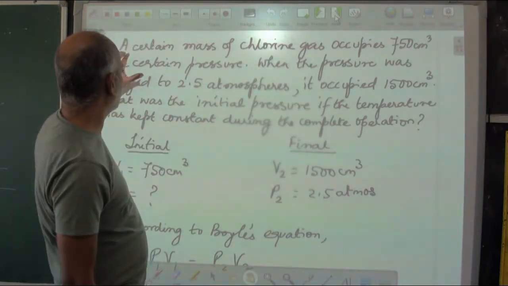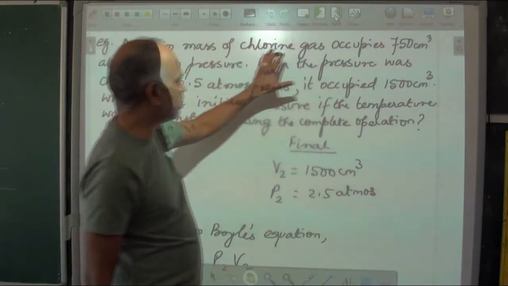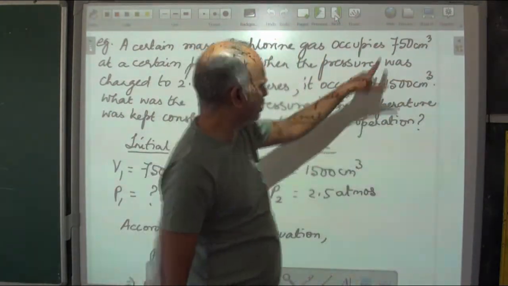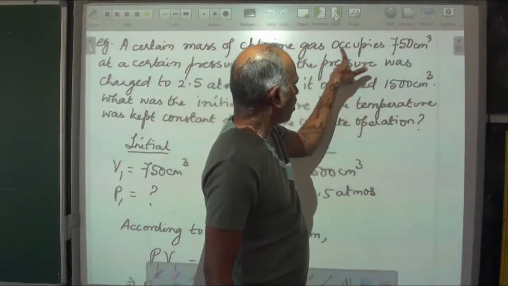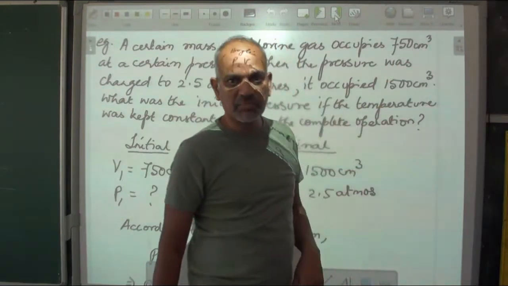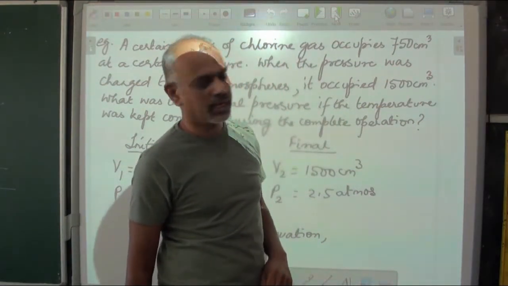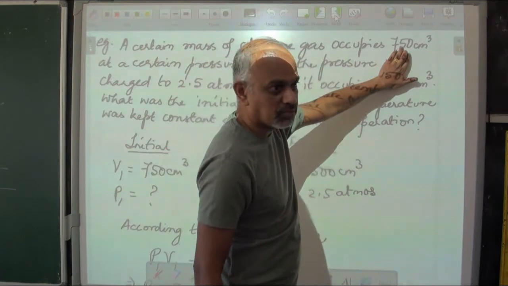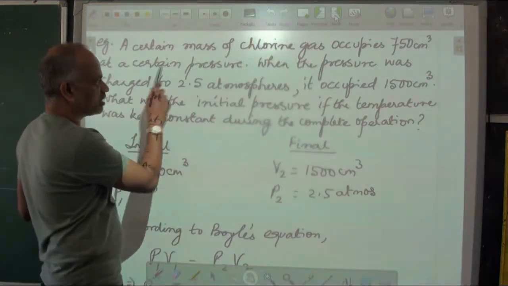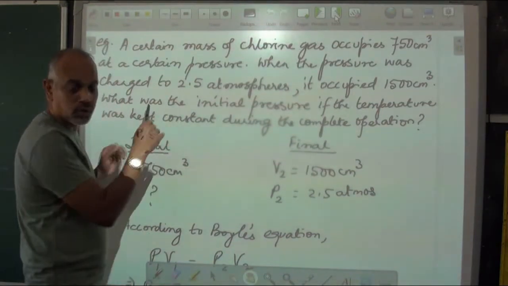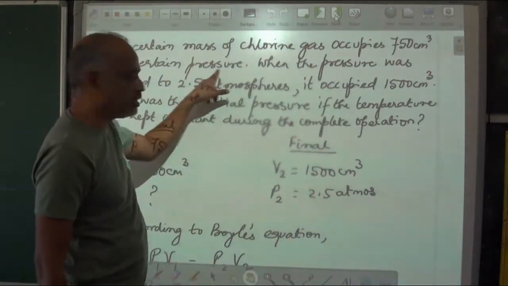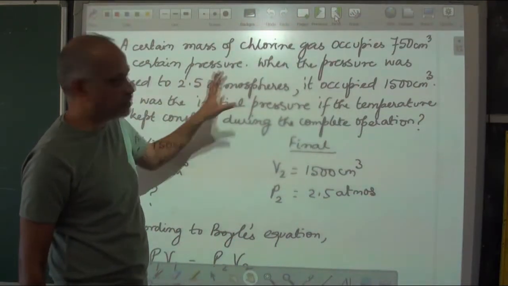Okay. Let's go to this. A certain mass of chlorine occupies 750 centimeter cube. Now look at this unit. Centimeter cube is the measurement of volume. So this is the volume. 750 centimeter cube is the volume at a certain pressure. So you don't know at what pressure. This is the volume that is given and you don't know what the pressure is because it says at a certain pressure.